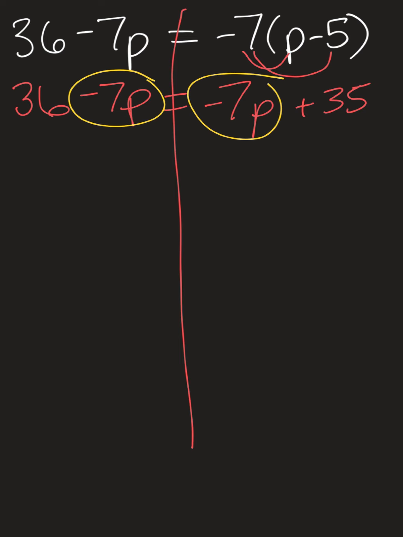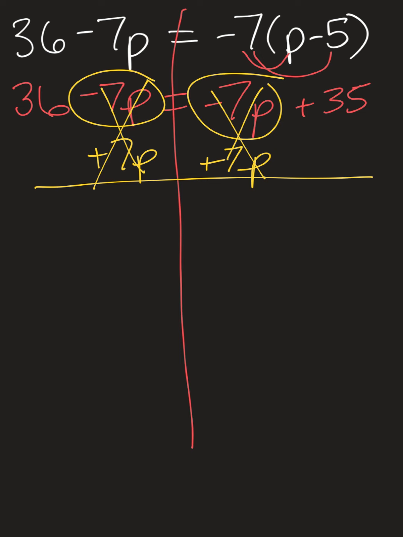That's going to come in handy in just a few minutes here. Because what happens is, I'm going to add 7p to both sides, right? And what happens is, those both go away. Because the opposite of negative 7p is positive 7p. So if I add it to one side and also to the other, that's going to just completely get eliminated. Not become 1p, but go away completely.